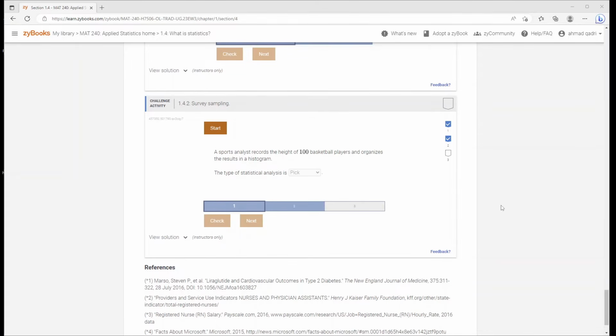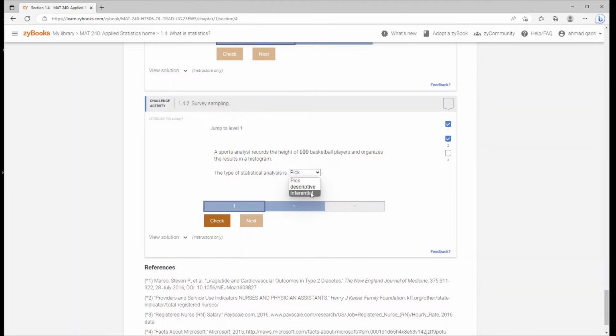This is challenge activity 1.4.2, and this is about survey sampling. So let's start. And the question is, a sports analyst records the height of 100 players and organizes the result in a histogram. And the question is, the type of statistical analysis is, and from the dropdown we have descriptive and inferential.